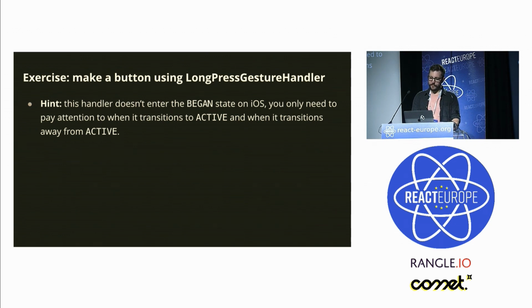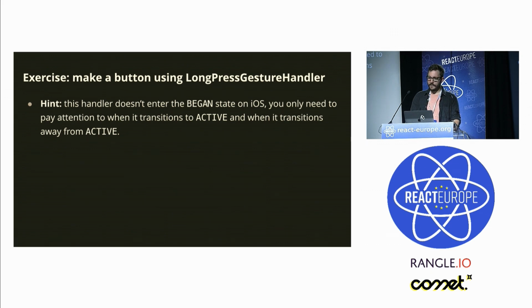But one thing I want to point out first is that the handler doesn't have a BEGAN state. So there's a distinction between discrete and continuous gestures that React Native Gesture Handler has largely tried to abstract over.